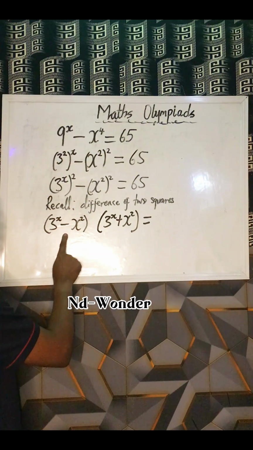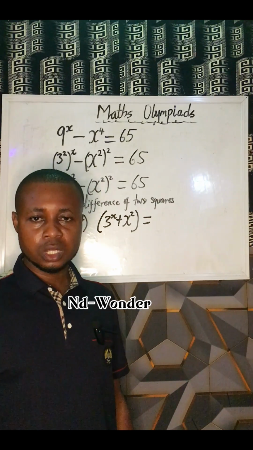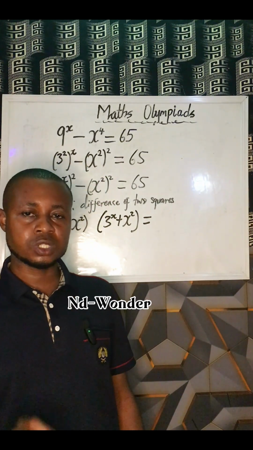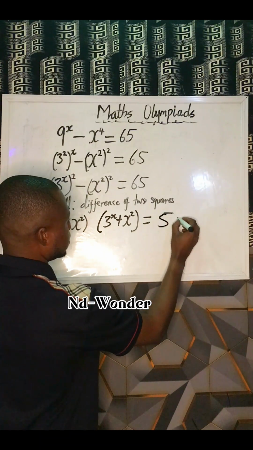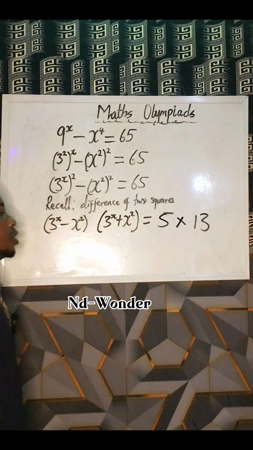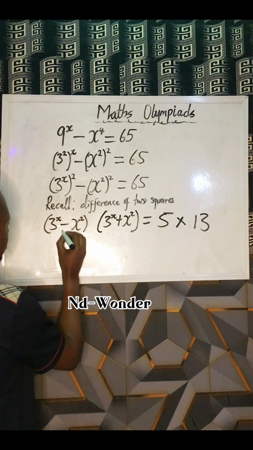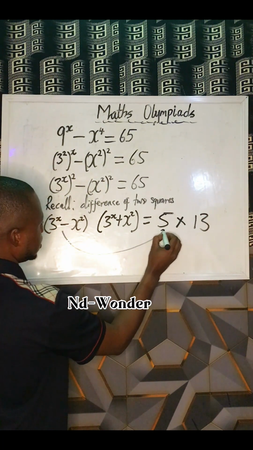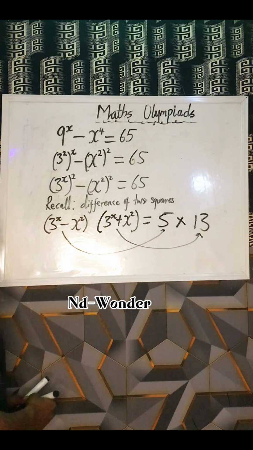But here I have minus. When you subtract, values tend to reduce, but when you add, values tend to increase. So I'm going to plug in 5 here, then times 13 for the sum. Now I will say this belongs to this, and this belongs to this.